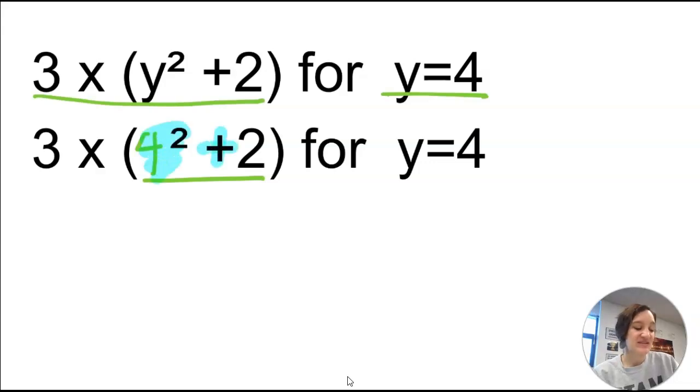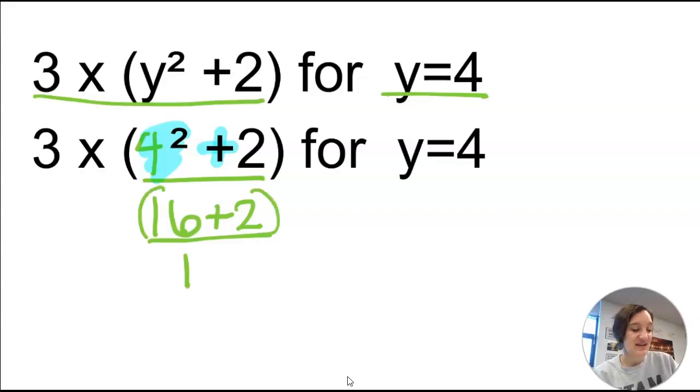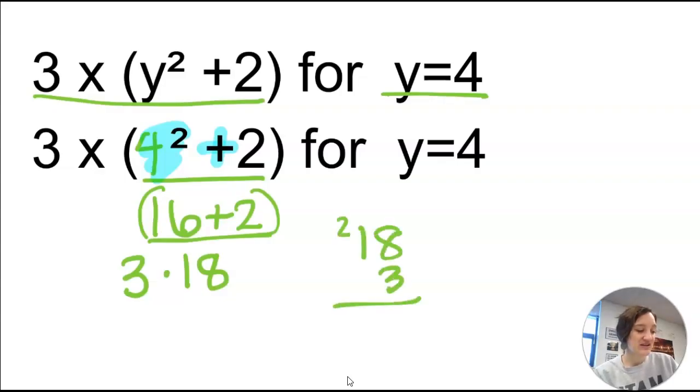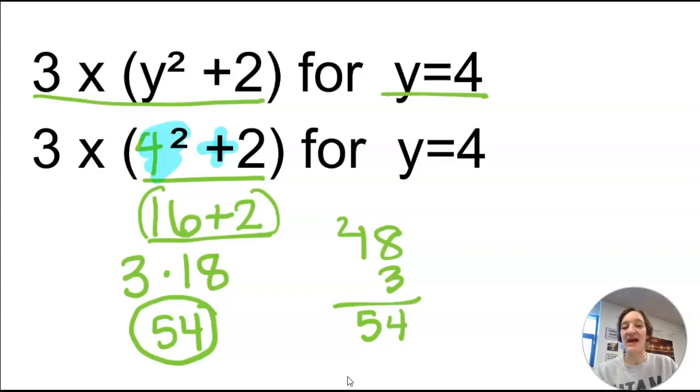So the exponent is 4 squared, which is 16, plus 2. That's still in parentheses, so we do that first, which gives us 18. Now we'll go 3 times 18, which is 54. So after we have evaluated it, our answer is 54.